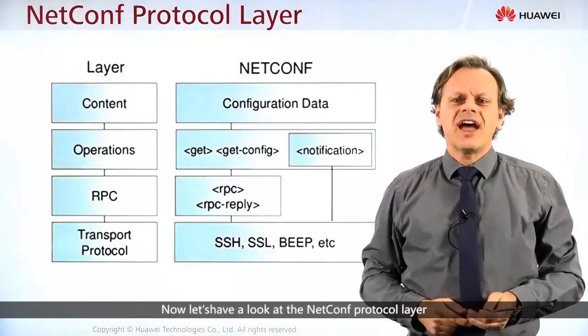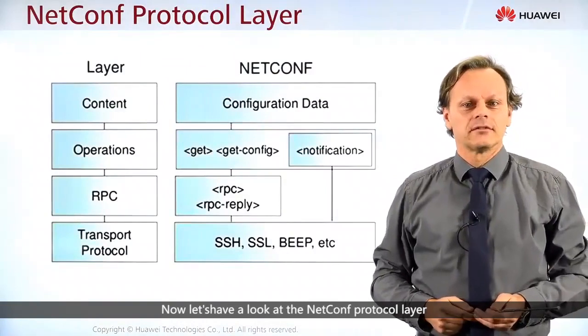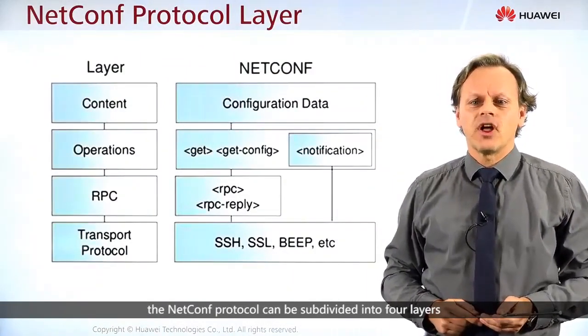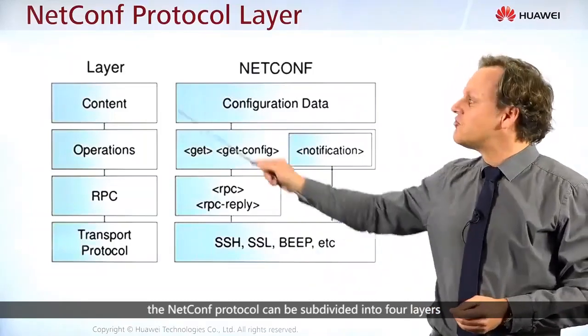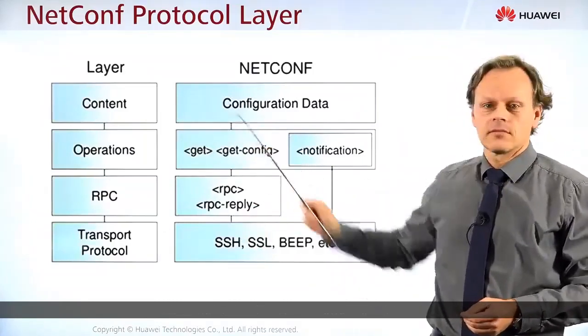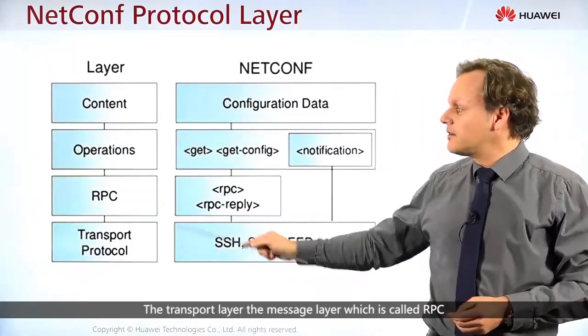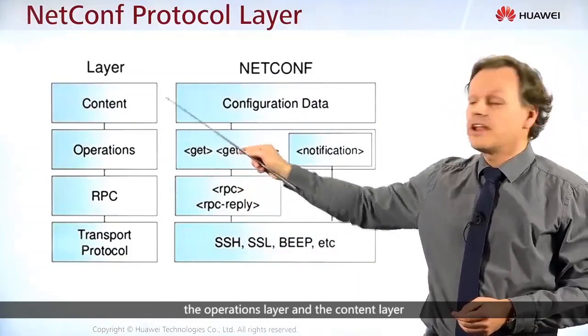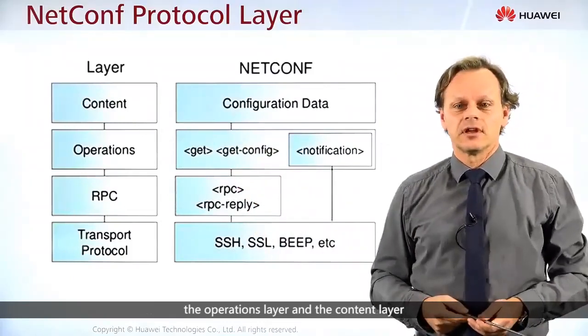Now let's have a look at the Netconf protocol layer. As we can see on this picture, the Netconf protocol can be subdivided into 4 layers: the transport layer, the message layer, which is here called RPC, the operations layer, and the content layer.